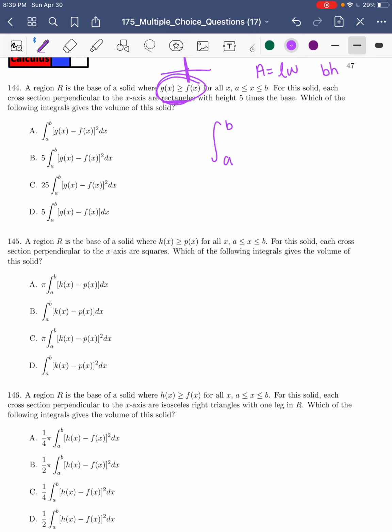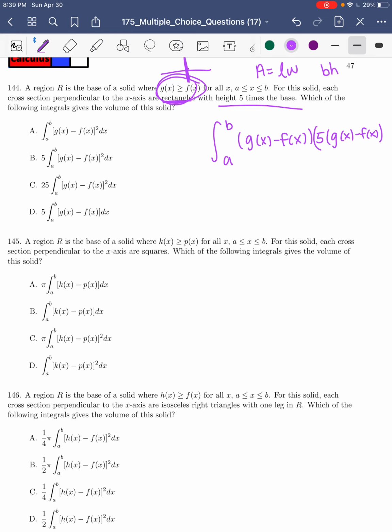And the fact that they tell us g of x is greater than f of x means that g of x should be on top. So my base is going to be g of x minus f of x. Then they tell us that the height is 5 times that. So times 5 times g of x minus f of x.